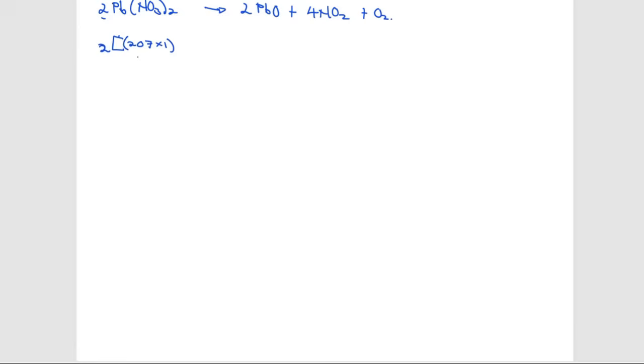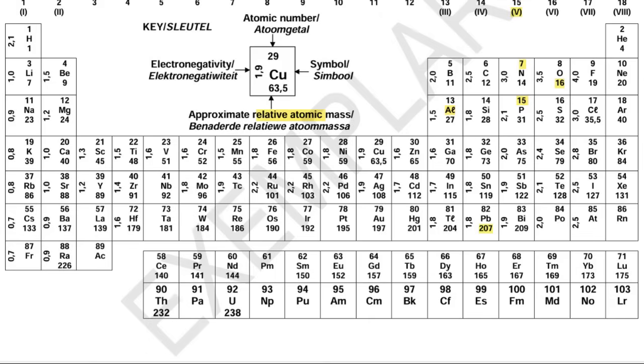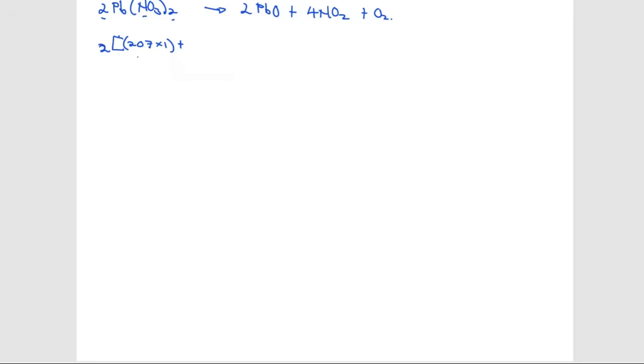Let me put it in bracket, and then plus our nitrate. Our nitrogen is going to be N multiplied by 2, right? Nitrogen has a mass of 14, so I'm going to say 14 multiplied by 2, so it's 2 multiplied by 14.